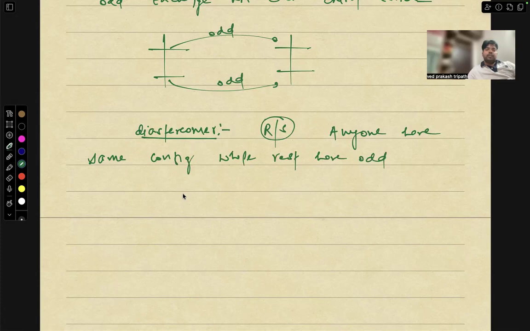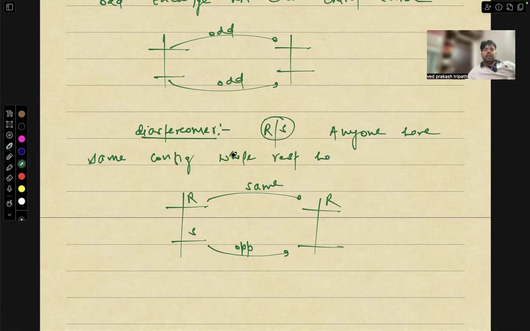It means if this one is R, this one is S, so suppose this one is the same as R and this one is opposite. Oh, sorry, I made a mistake here. It should be anyone has the same configuration while the rest have opposite. It means it is a mixing of both basically. So anyone can have same, rest is opposite, or it is mixing of same and opposite. This is called diastereomer by RS method.